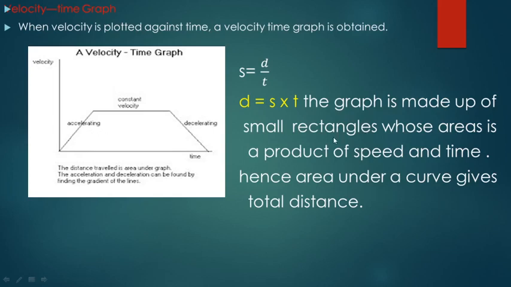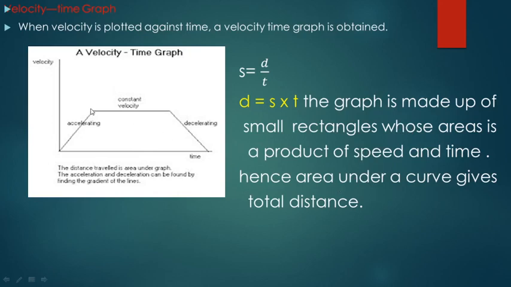If you find the area, at this point you have the time, at this point you have the velocity. Velocity times the time gives you distance, and therefore the product of these speeds and times gives you distance.